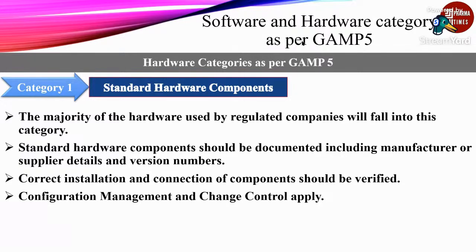Configuration management and change control is also used to produce this standard hardware component. We can say this is a brand, if we use Allen Bradley PLC, Siemens PLC, standard software like SCADA, DCS systems, or a standard BMS system.